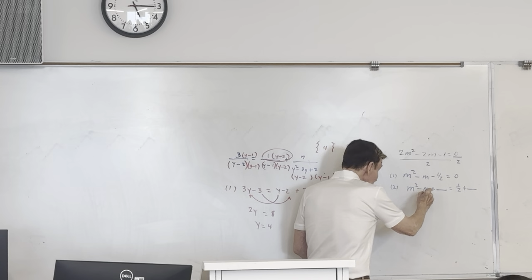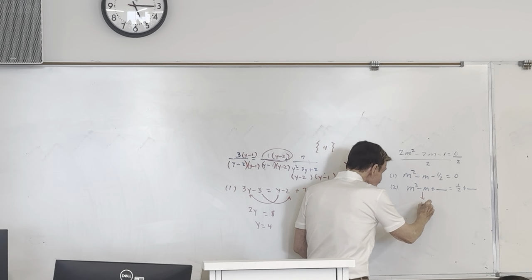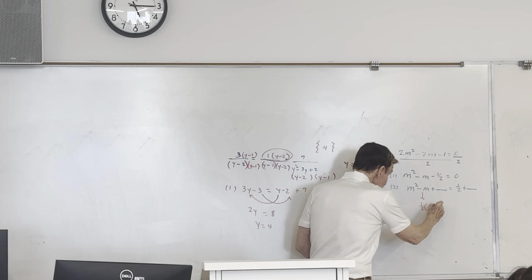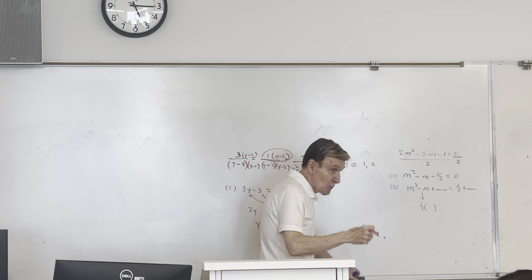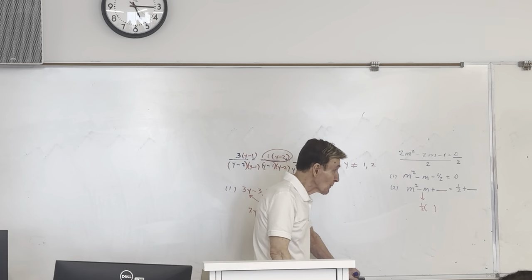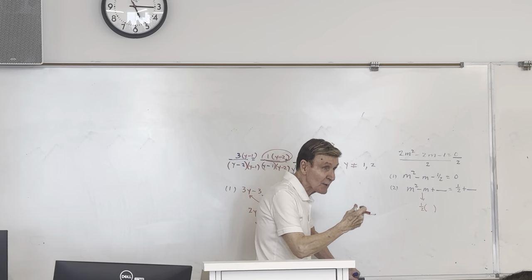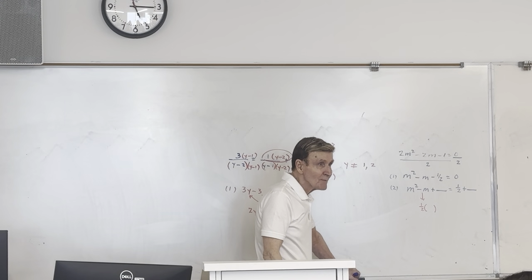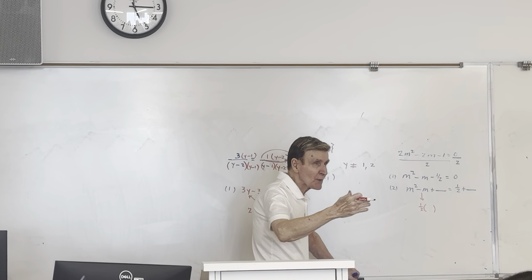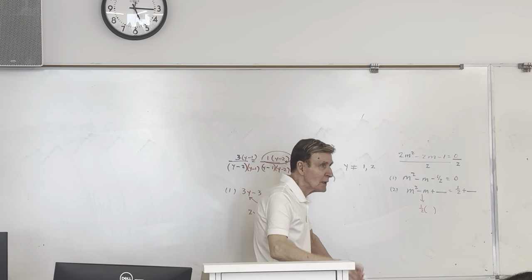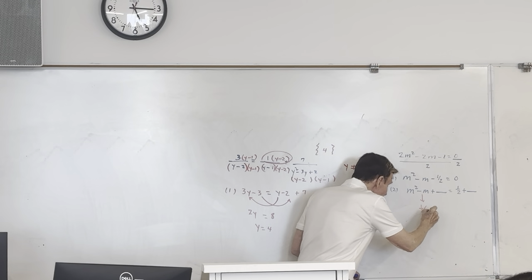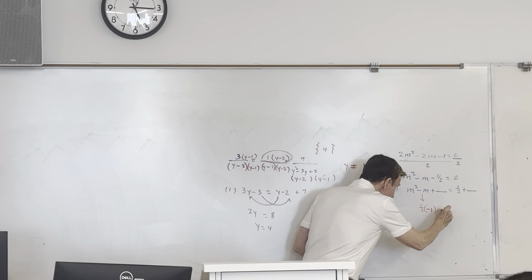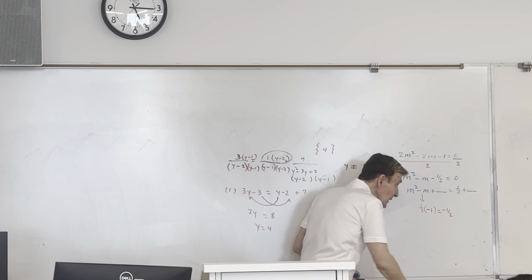I need to take 1/2 of this coefficient. We'll find out what that coefficient is here. And after I do, 1/2 of that coefficient squared. And by the way, guys, what's understood to be the coefficient of the m? What's understood to be the numbers out front, the coefficient, they call it, of m? 1. -1, let's call it -1. And if you take 1/2 of that, of course, you end up with -1/2.